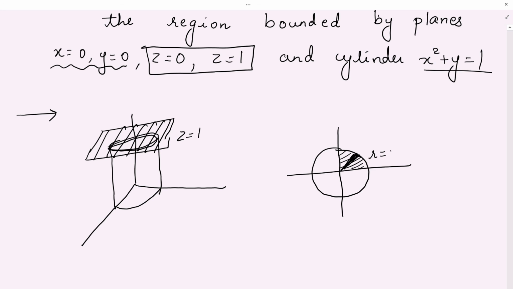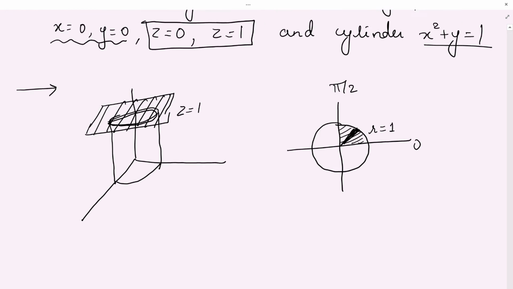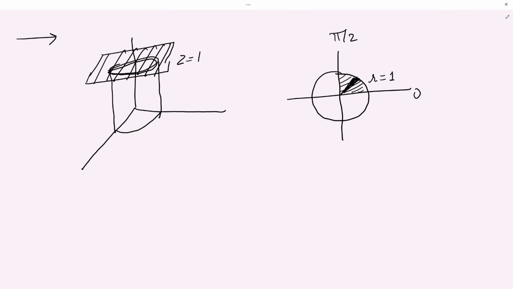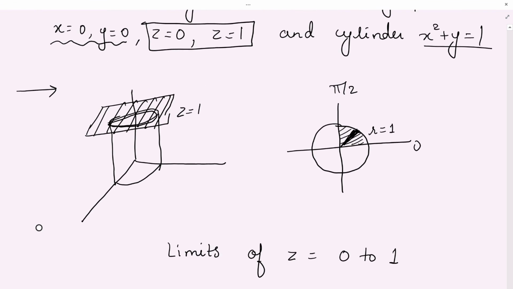So this will be r = 1 after you convert into polar, and theta is 0 to pi by 2. Okay, so now my limits of z are 0 to 1, and then you can convert it into polar form. I have shown it directly.